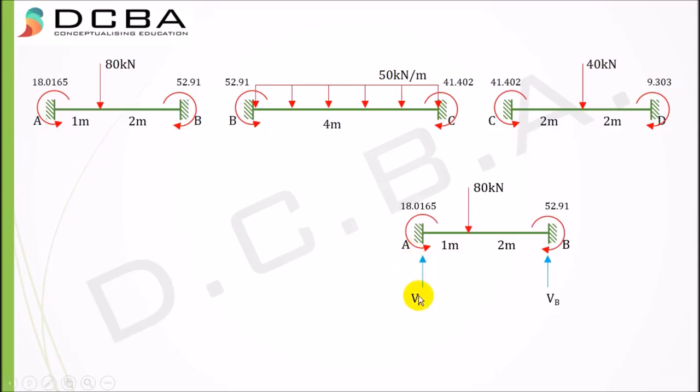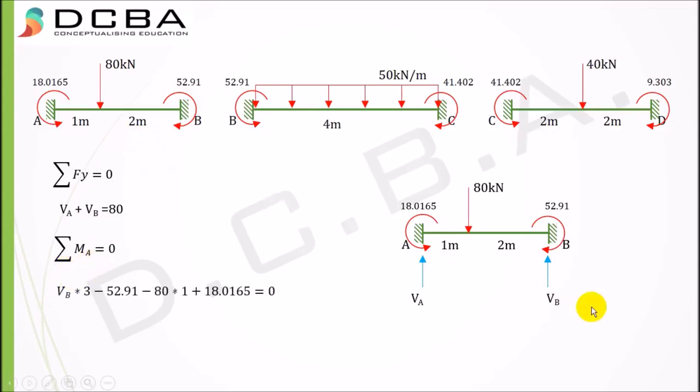We'll designate the reactions as VA and VB, and start with the equilibrium condition, summation Fy equal to 0. So VA plus VB equal to 80, straightforward. Summation MA equal to 0. I'll write the bending moment equation here, that is VB into 3 minus 52.91. The minus 18.0165, I've written as plus 18.0165, and I've shown the direction as anti-clockwise.